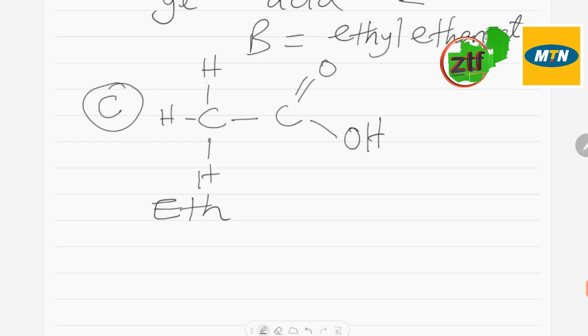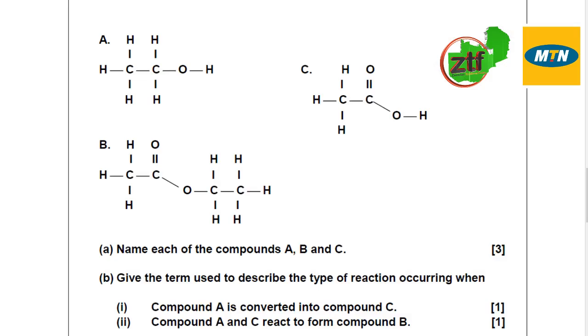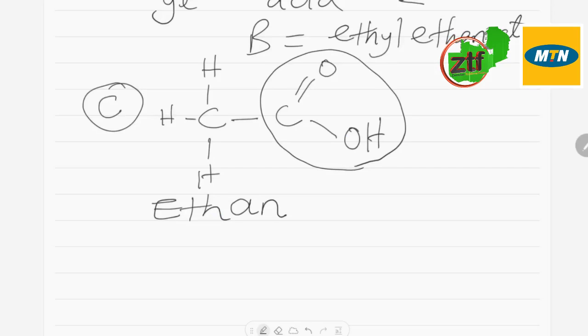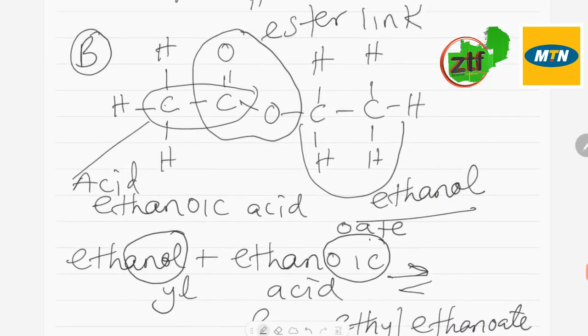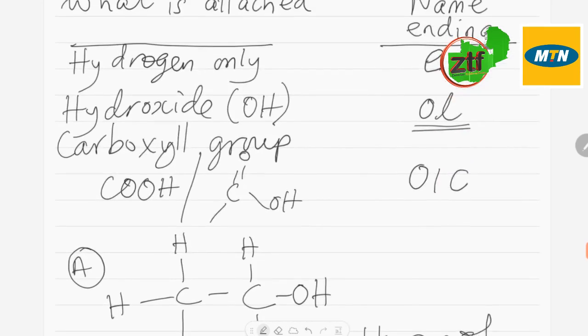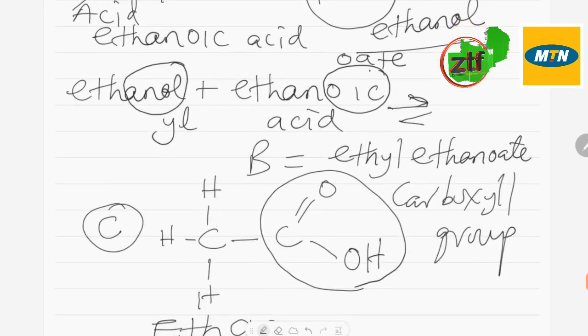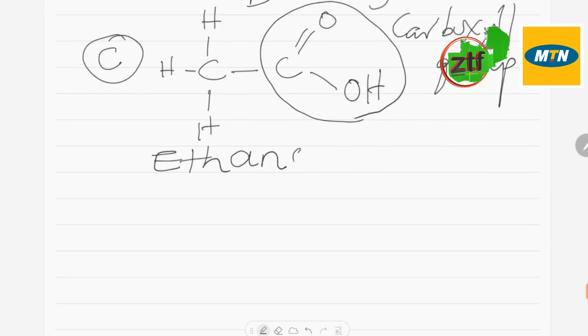The bonds present in this case, like you can see, are single, so it will be ethane. For the last part of the name, we consider what is attached. This, we know, is a carboxyl group. Being a carboxyl group, this is an acid, and the name ending, like we discussed, is going to be OIC. So this is known as ethanoic acid.